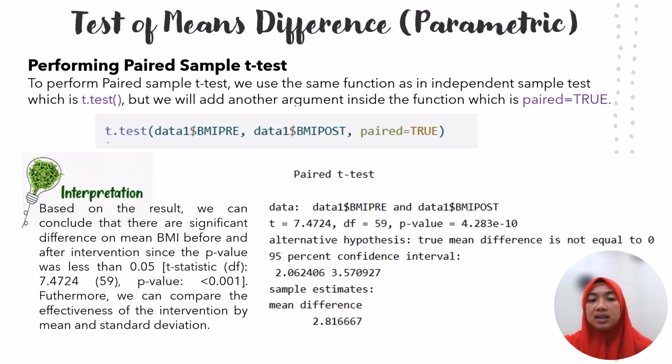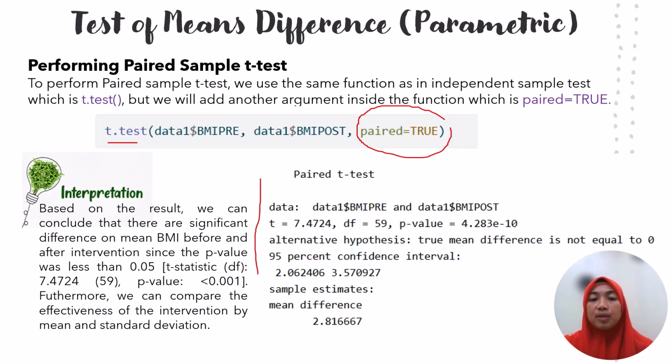So here is the continuation of the independent sample t-test, t.test function, but the difference in the paired sample t-test, you need to put paired is equal to TRUE. So here we have the output for the paired sample t-test, and next we need to interpret the result.